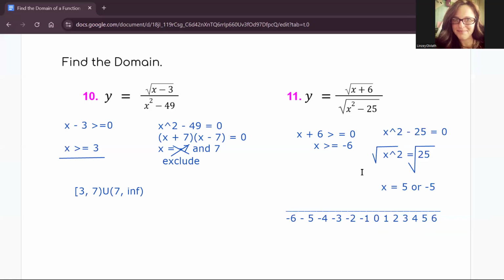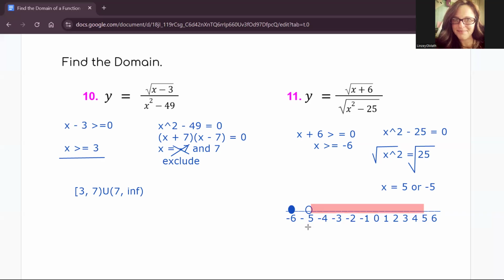So already we need x is greater than or equal to negative 6. And we can include negative 6. And then we'll go up to negative 5, but we have to exclude negative 5. And then if we substitute any values in between negative 5 all the way up to positive 5, this is going to result in a negative under the square root.